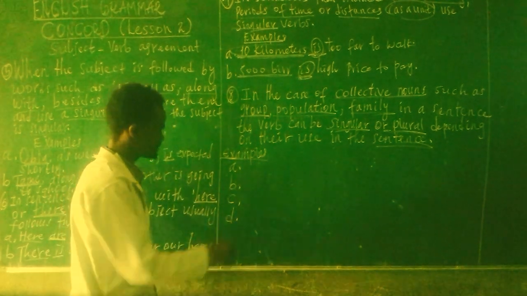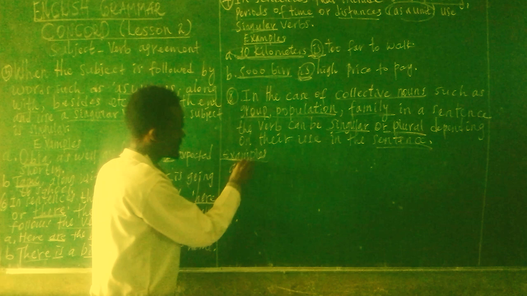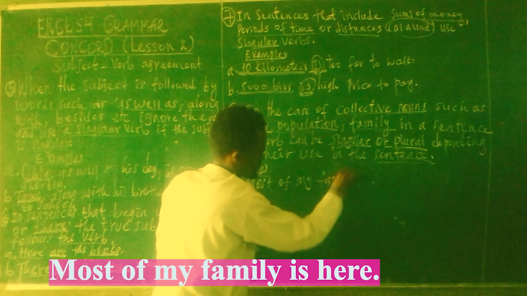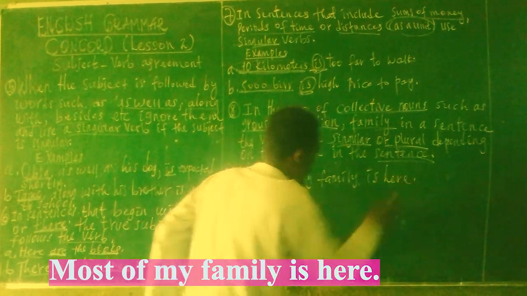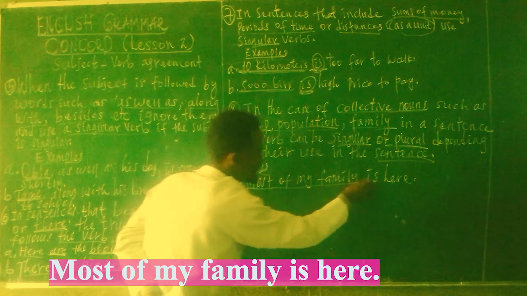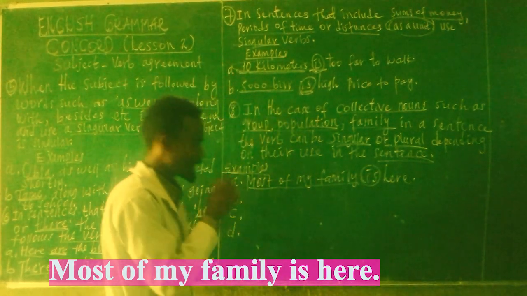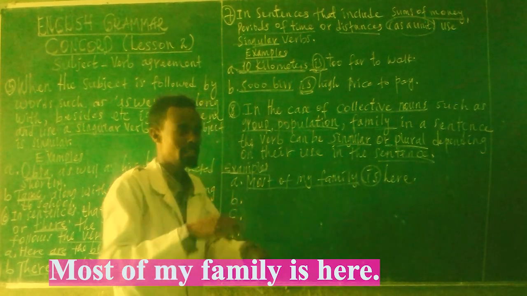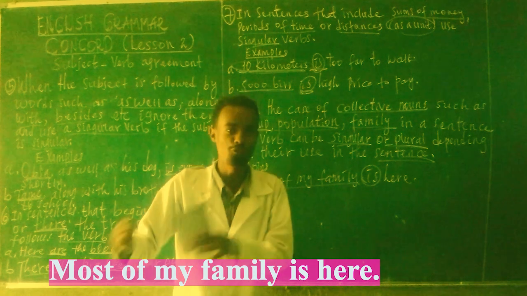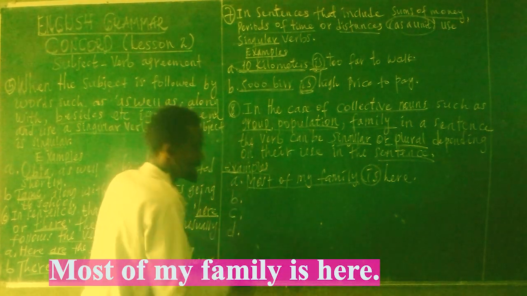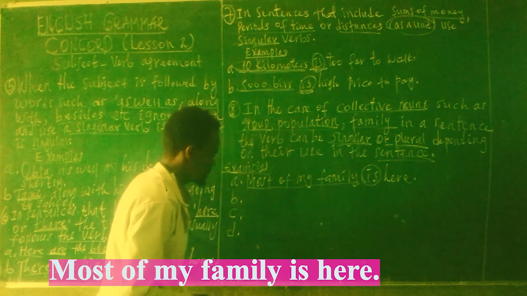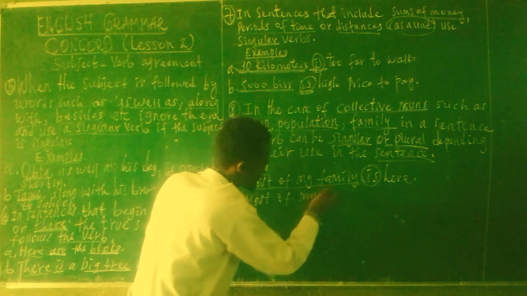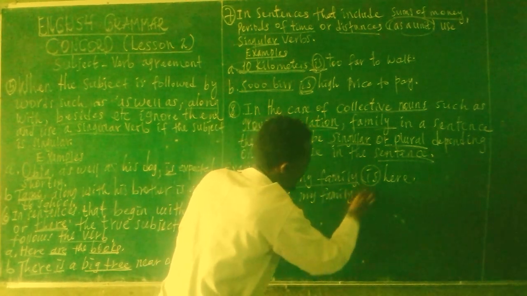Let's see examples. For example, most of my family is here. When we say most of my family is, with the singular verb, we are talking about the family as one unit. We are not talking about the separate members of the family, but just the family as one. Again, we can say most of my family are here.